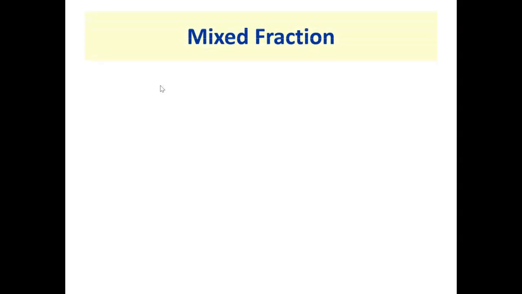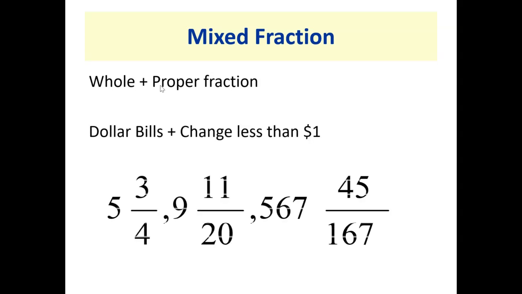The third type is called the mixed fraction. And here you can see the dollar bills clearly. That represents the whole number. And then you will also have a change represented by a proper fraction. Here are some examples: 5 and 3/4, 9 and 11 over 20, 567 and 445 over 167.